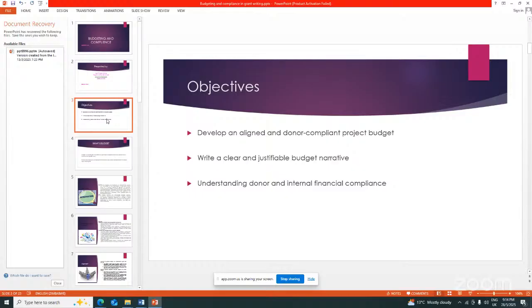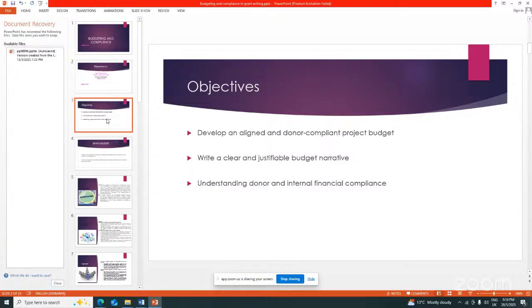We have laid down the ground, we've laid down all the project necessities that we need, but there is the component of budgeting that is very crucial for each and every grant writing.